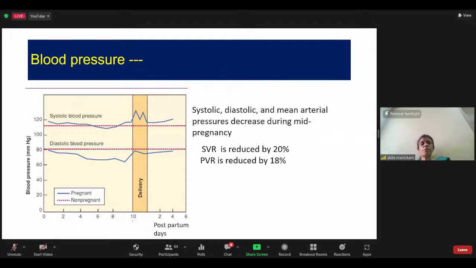So regurgitant lesions do compensate and adapt well during pregnancy, because a mildly increased heart rate and a small reduction in SVR is the desirable goal. Whereas all the stenotic lesions, especially those with a fixed cardiac output, like a patient having mitral stenosis or aortic stenosis, maintain their blood pressure based on the systemic vascular resistance.